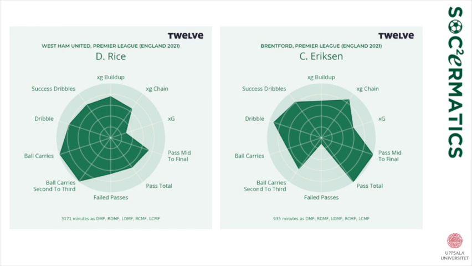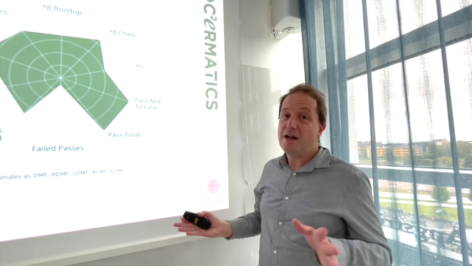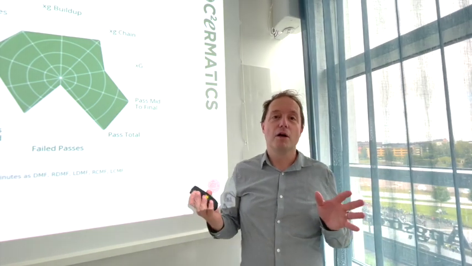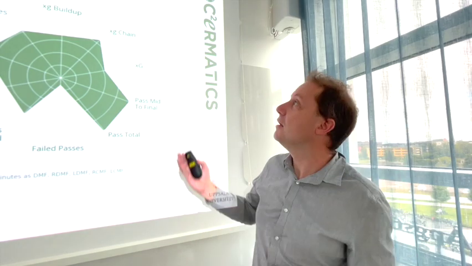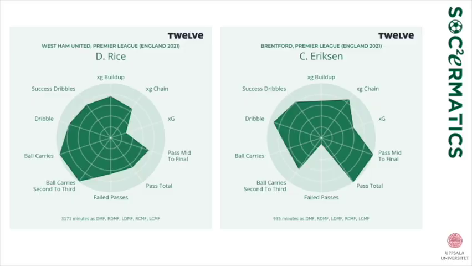This is now a player radar. The player radars are no longer just based on how many times Declan Rice or Christian Eriksen, who's the other player here, does a particular action. They're based on the value produced when they do that action.